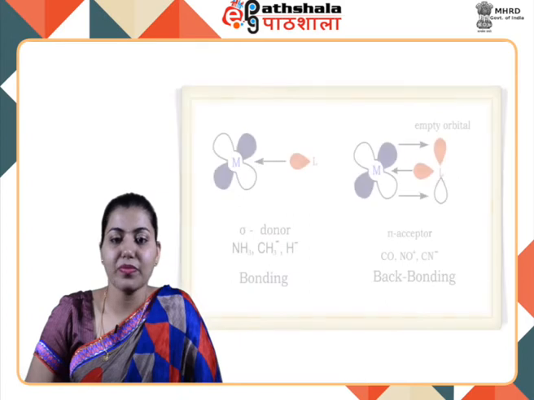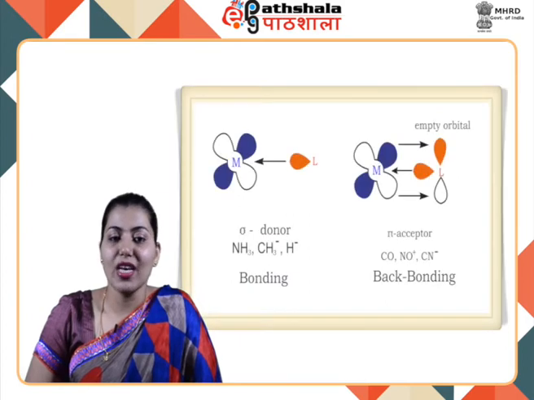This type of bonding has been depicted in figure 3. Hence, for such ligands, the normal bonding along with the back bonding takes place. The bonding is synergic with respect to the back bonding. This means the sigma donation, that is bonding to the metal, reinforces the pi back bonding to the ligand, and the pi donation from the metal to the ligand fortifies the sigma donor component of the bonding.